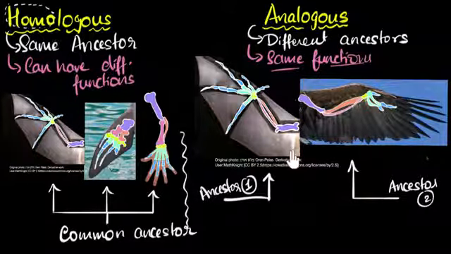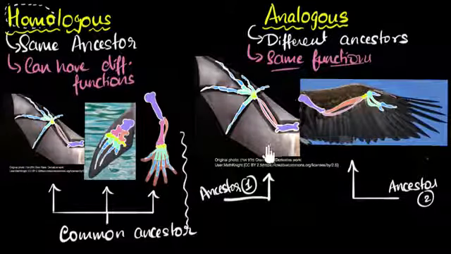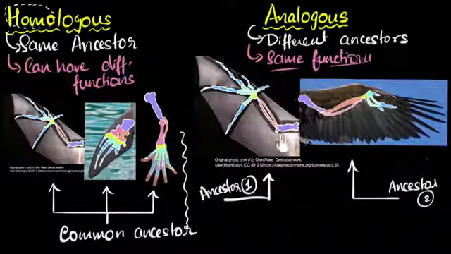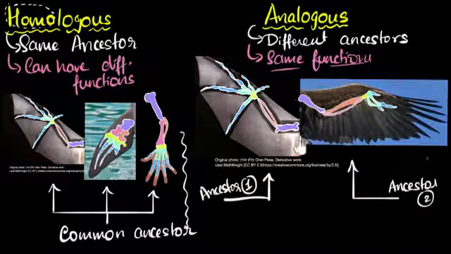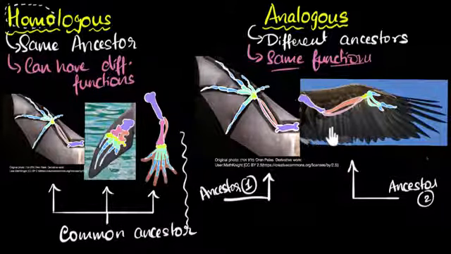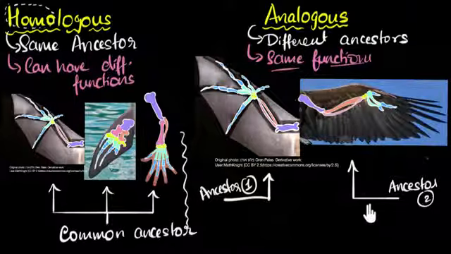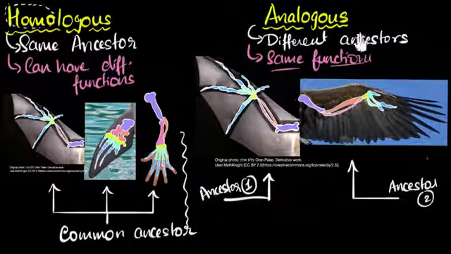And on the other hand, just because we find some structures in some species to be very similar and they perform the same function, it need not necessarily mean that they are related to each other. It's totally possible that they evolved independently from separate ancestors altogether. And so these are called analogous structures.